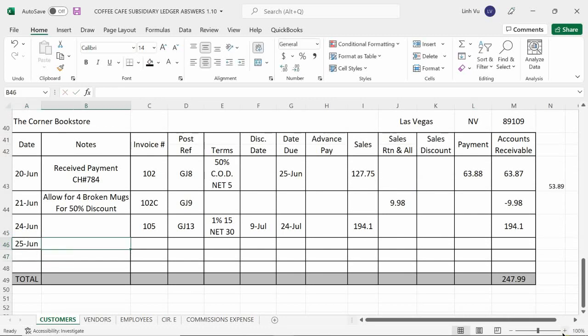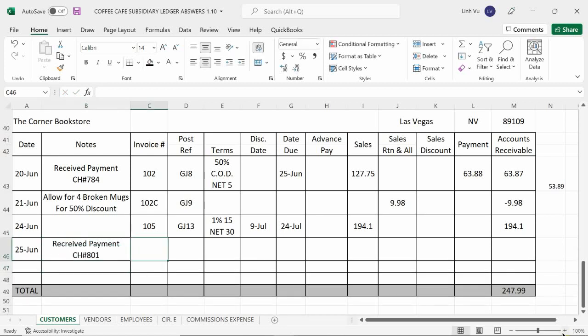Things that you can write in the notes is that you received payment with check number 801, okay, which was for invoice number 102, okay, and we received a payment for $53.89.